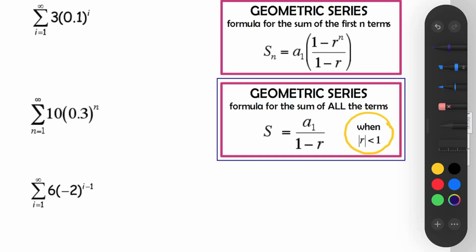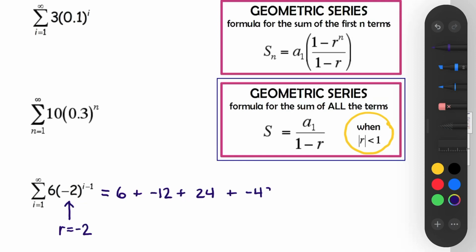And I'm kind of hoping you found this one, because on this one, r is equal to -2. Our multiplier is -2. What is that going to do to our terms if I plug in a 1 and a 2? So if I plug in a 1, and then I plug in a 2, and then I plug in a 3, and then a 4.